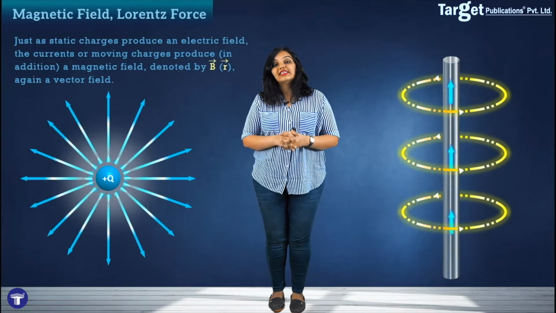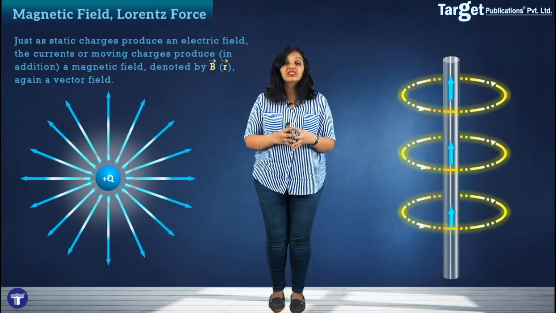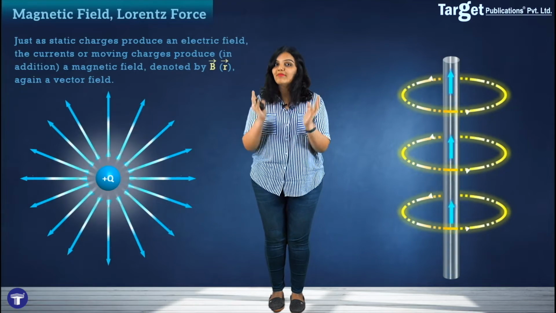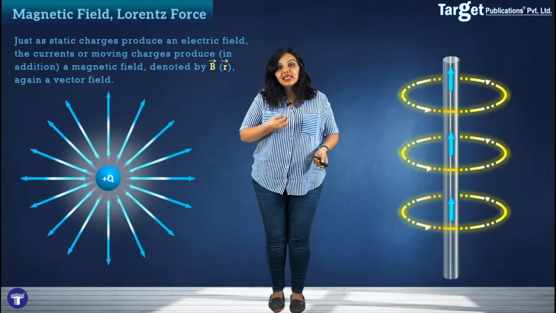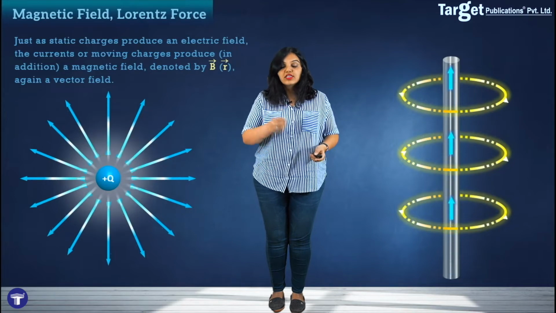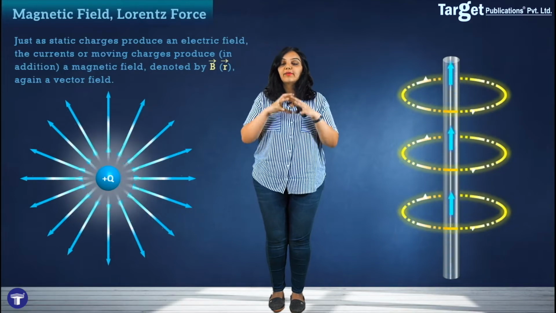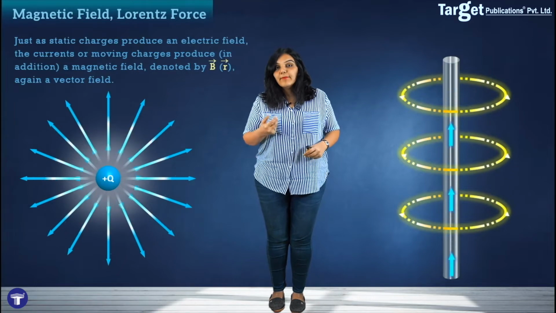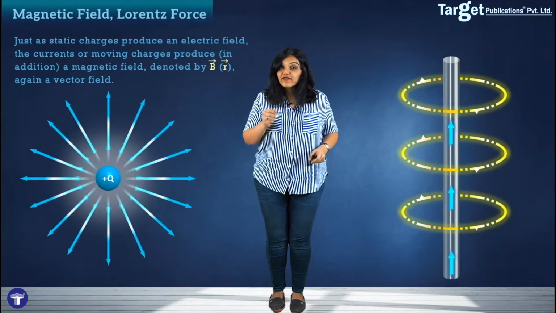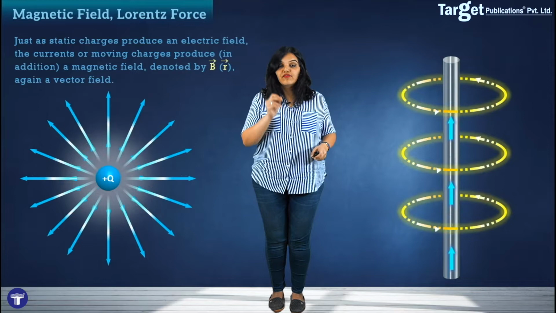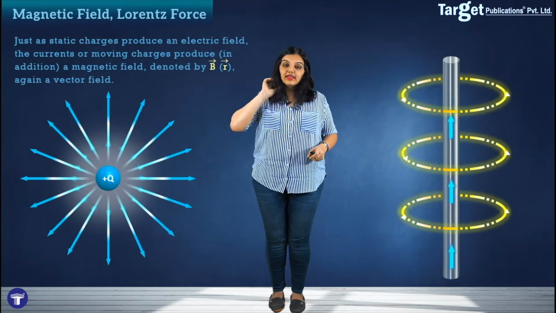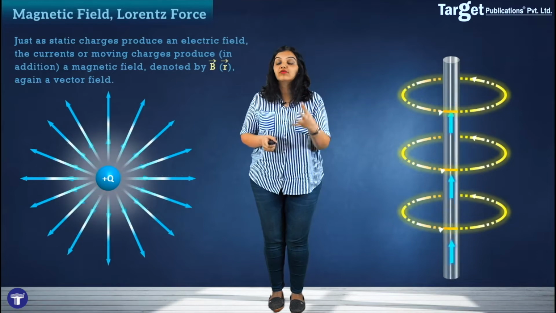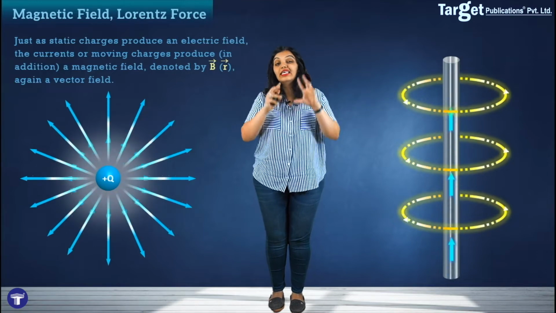Here we say that the magnetic field is the space around a current carrying conductor, or it is the space around a magnet in which the magnetic effect is felt. So here you see we have defined the magnetic field very similar to the electric field. But it's very important to note that the magnetic field is a vector field, and it is denoted by the letter capital B.